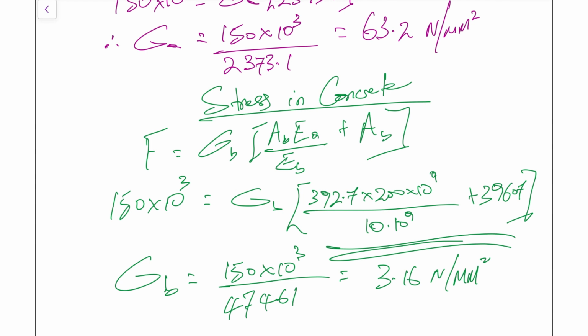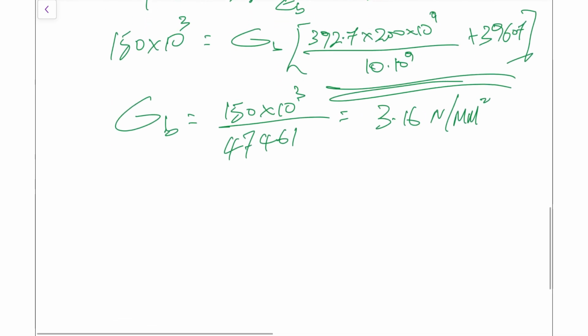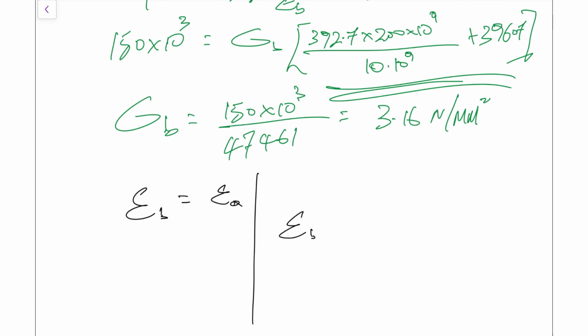Now for the last step, which is us finding the strain or the extension. Now this one, remember that our strain in B should be equal to our strain in A. So we could use either the strain for the concrete or the strain for the steel bar. It doesn't really matter which one we use. So let's say we use the strain in B. Then that's simply just going to be stress divided by modulus of elasticity.